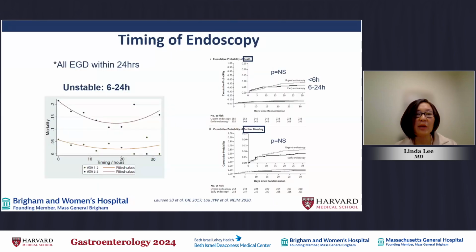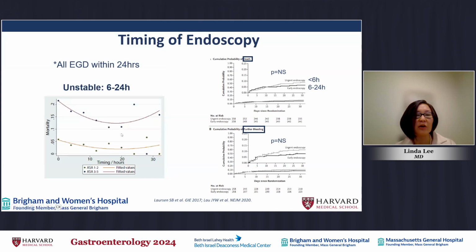Now, what about timing of endoscopy? All endoscopies should be done within 24 hours. And if you look on the right side of the screen there, this is showing you how when patients were randomized to urgent endoscopy performed within 6 hours compared to early endoscopy performed within 6 to 24 hours, there was no significant difference in mortality or further bleeding.